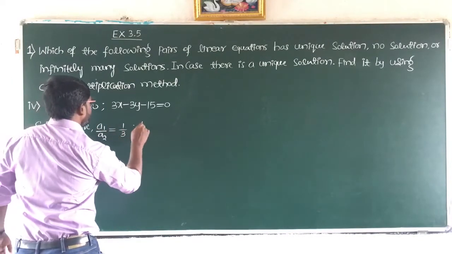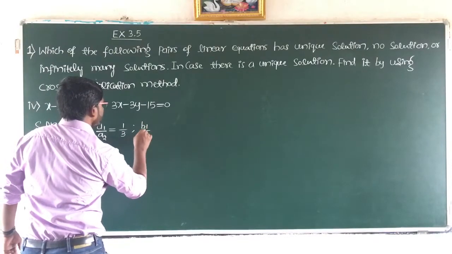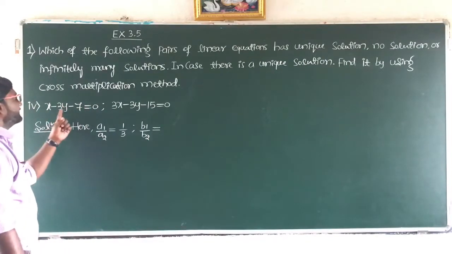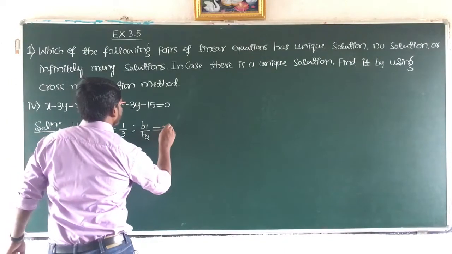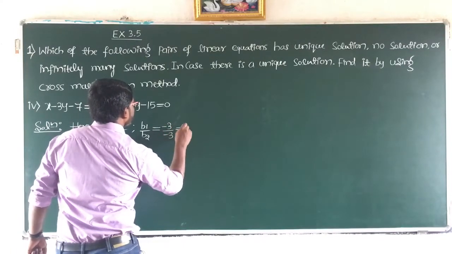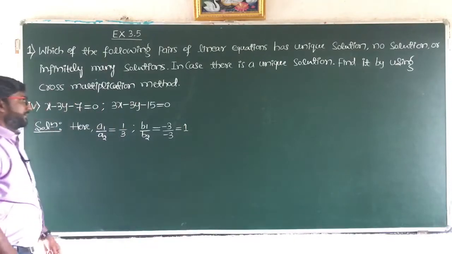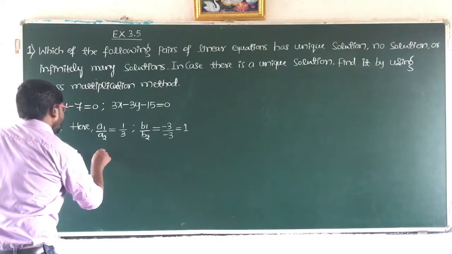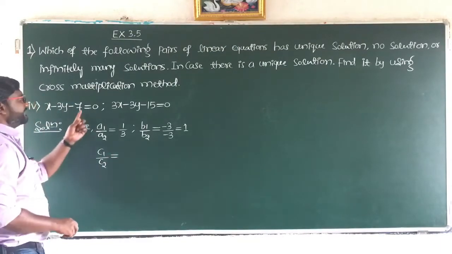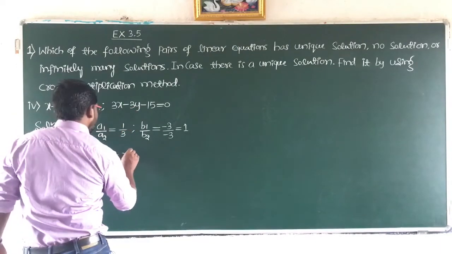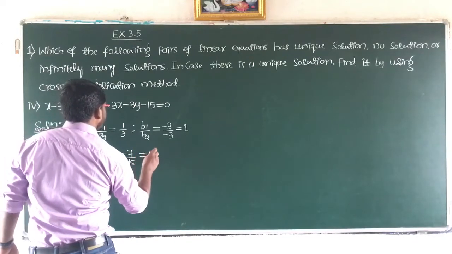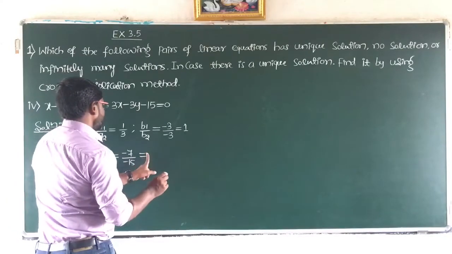Then B1 by B2 is equal to minus 3 divided by minus 3, it is 1. Then now C1 by C2 is equal to minus 7 divided by minus 15. So here minus by minus is plus, we get 7 by 15.